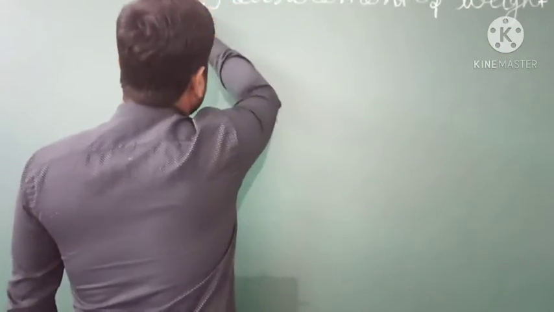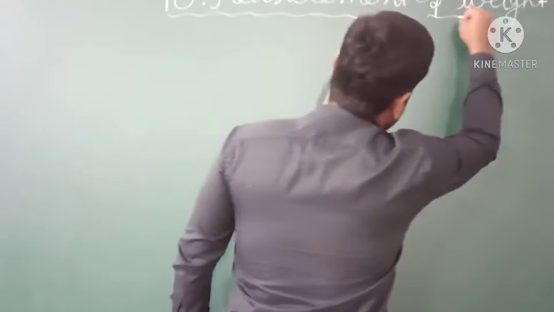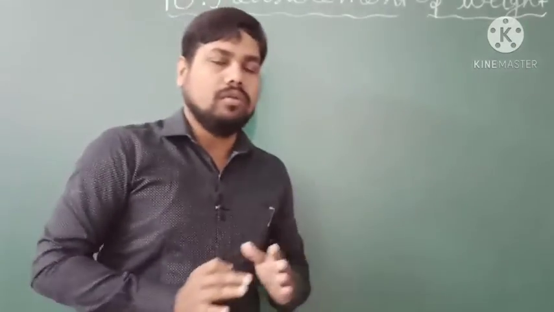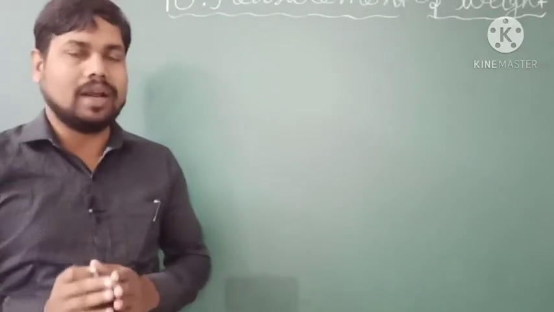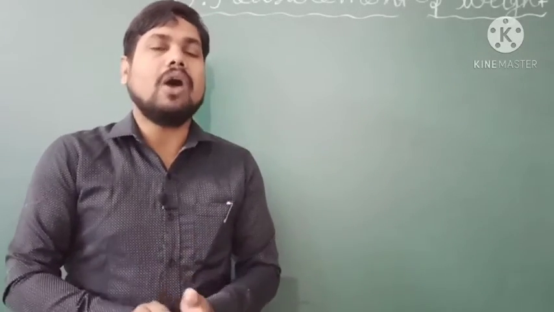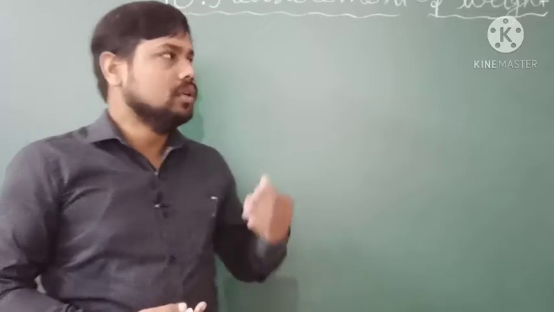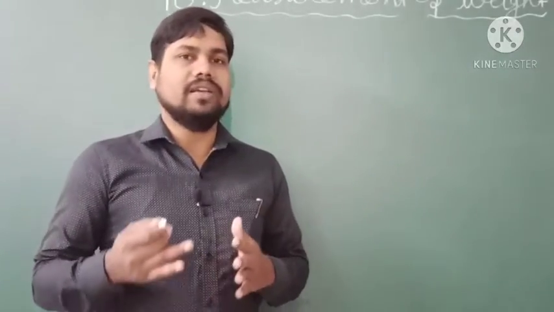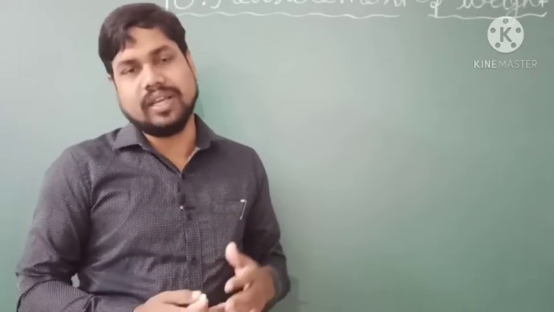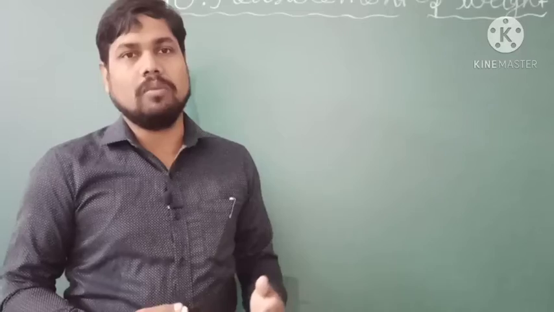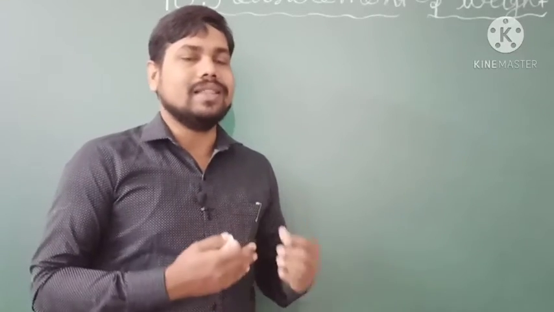How can we measure the weight of anything, and how can we convert one unit to another, like gram to kilogram or kilogram to gram? How can we add the measurement of weight? How can we subtract? How can we multiply? These practical uses, the word problems, we will see in this class.